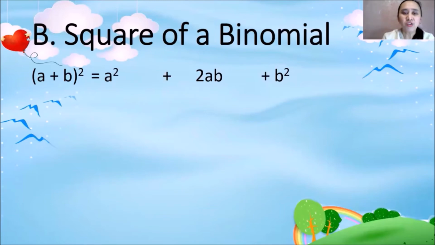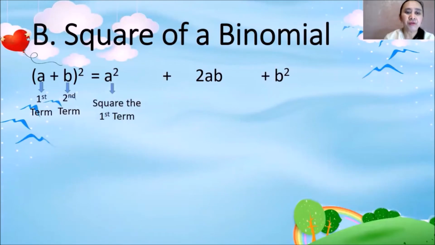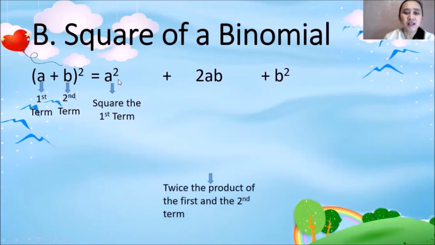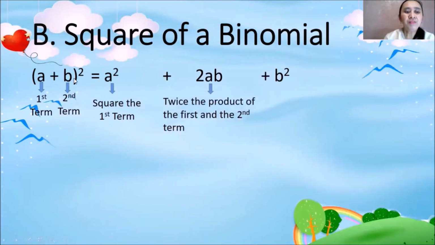But for the shortcut computation for the square of a binomial, let us consider A is the first term and B is the second term. The first step is to square the first term. A times A is A squared. Next, multiply twice the product of the first and the second term.